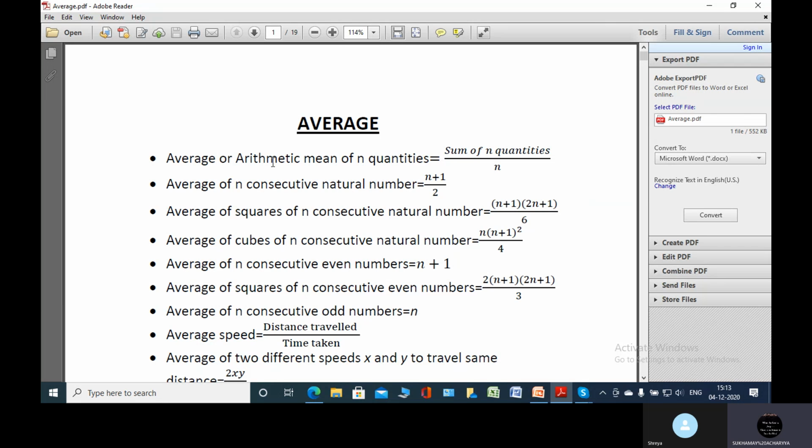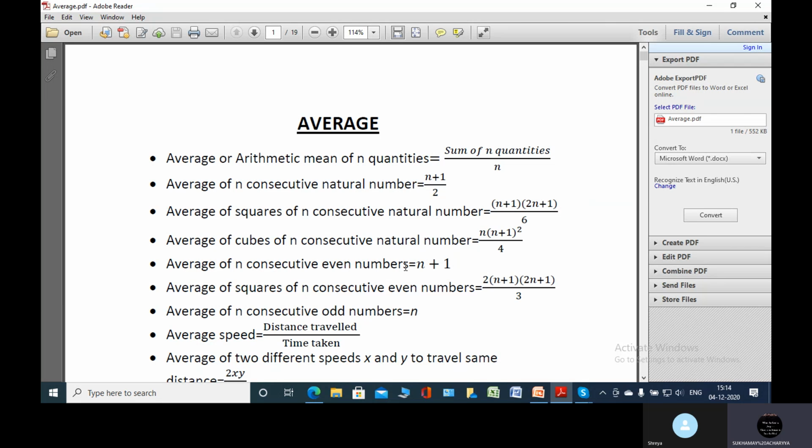The average or arithmetic mean of n quantities is equal to the sum of n quantities divided by n. The average of n consecutive natural numbers is equal to n plus 1 by 2. The average of squares of n consecutive natural numbers is equal to n plus 1 into 2n plus 1 by 6. The average of cubes of n consecutive natural numbers is equal to n plus 1 whole squared by 4.